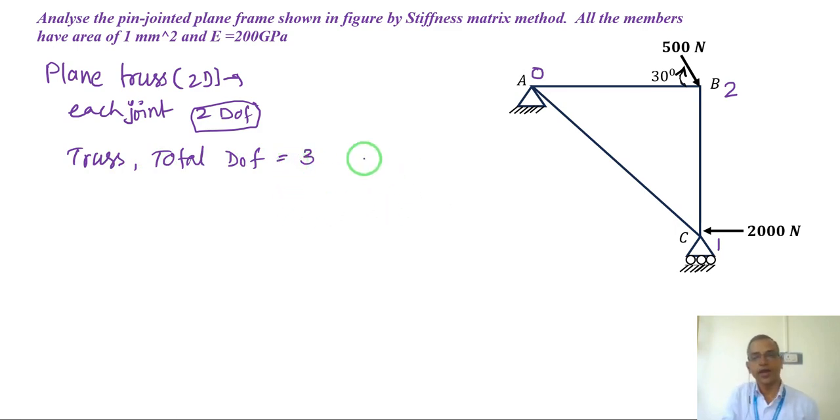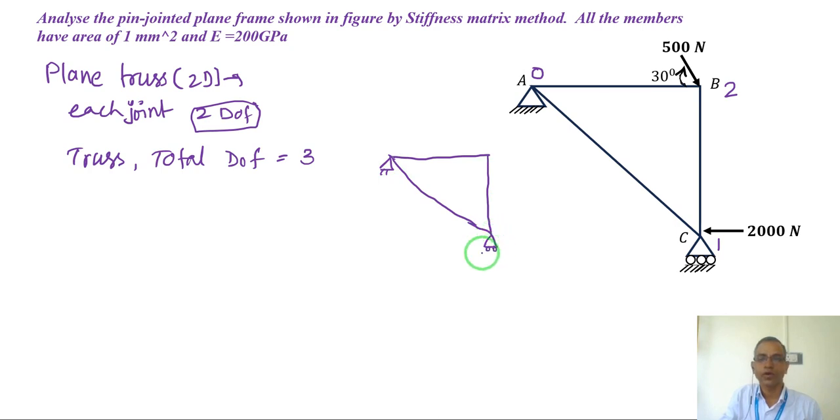So now I need to write down the degrees of freedom, or I can also say coordinates. Now I will mark here the degrees of freedom.